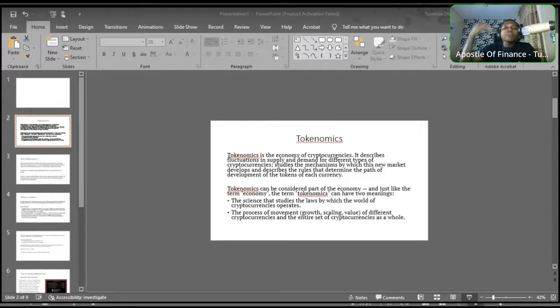If that project has excess supply, which might make it illiquid, or it might slow down the increase in price or in the value of that token, right? Tokenomics will expose that. Now, how to study tokenomics?